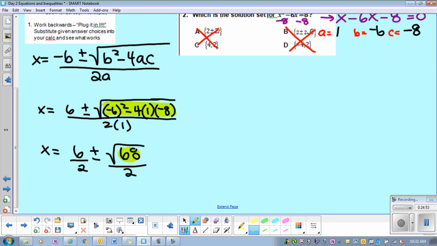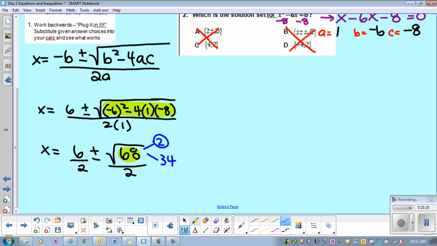Okay, so this 68, if we wanted to factor it out, we do it here, going sideways. What two numbers multiply to give you 68? 34 and 2, and then 2 and 34. 2 you can't break down anymore, right?